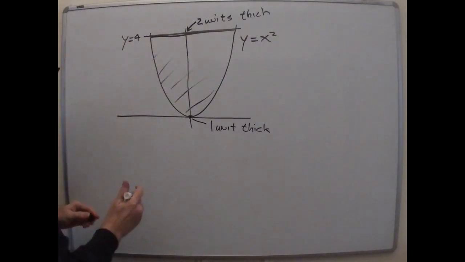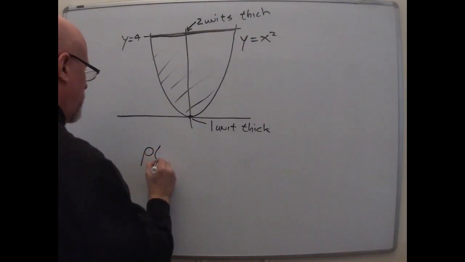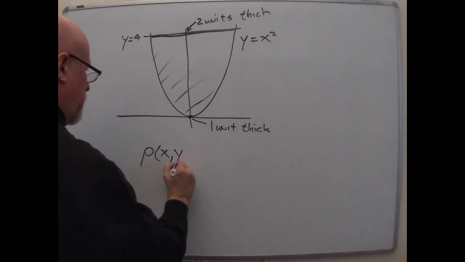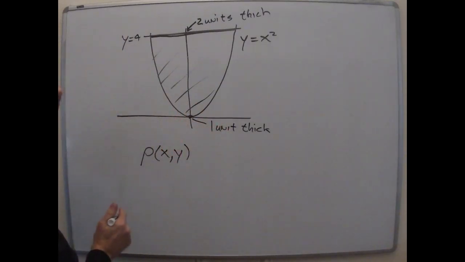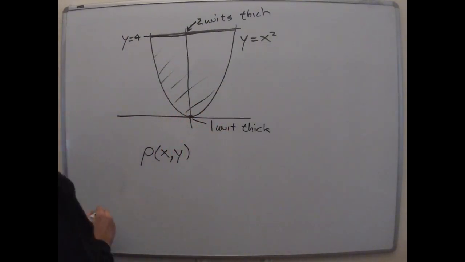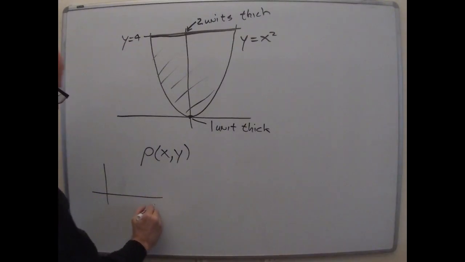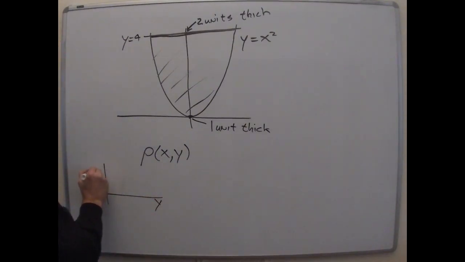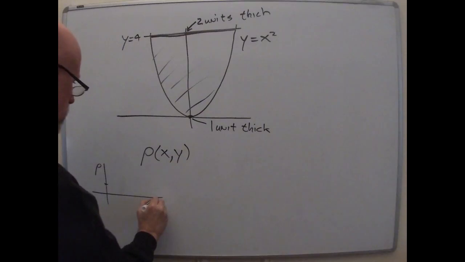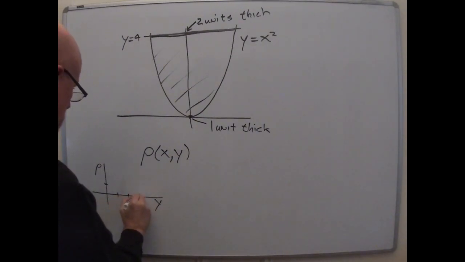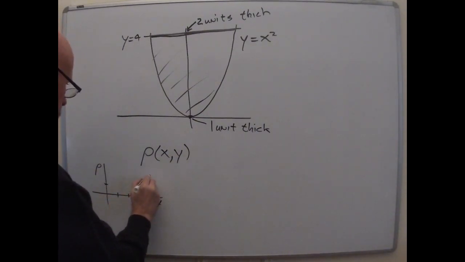But we can still think of it as a 2-dimensional thing whose density is changing. That's the point. So what would be our rho of xy function in that case? Notice I didn't make it depend on x, so it should just be a function of y. You might want to think about a y-axis and a rho axis. When y is 0, rho is 1. And when y is 4, rho is 2.